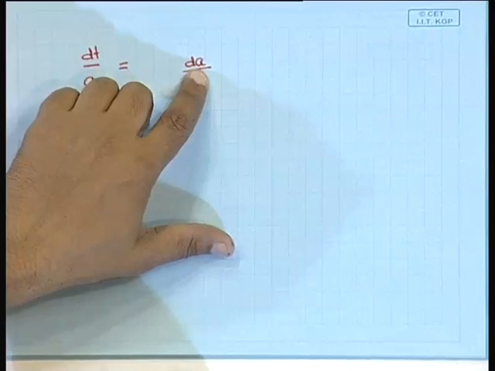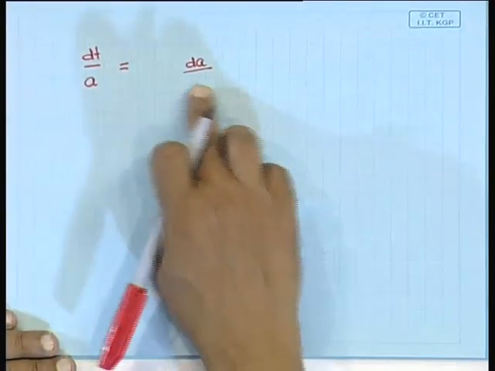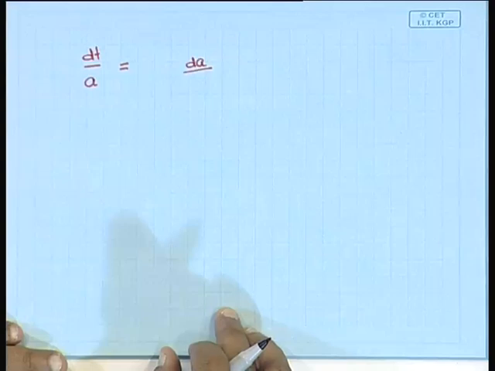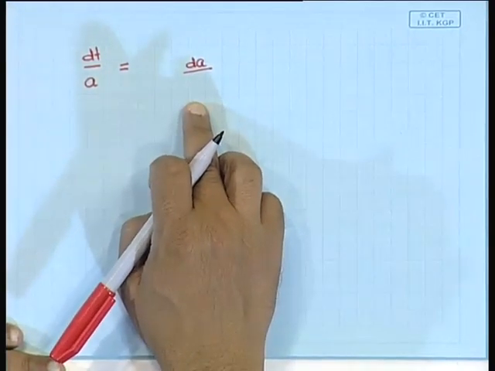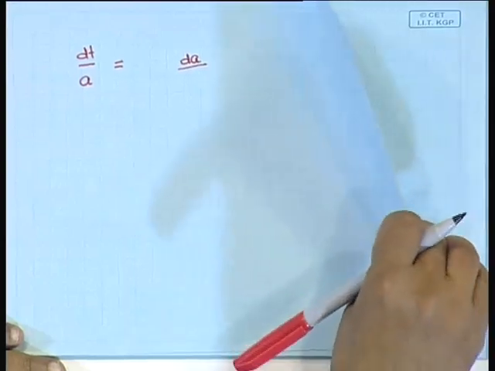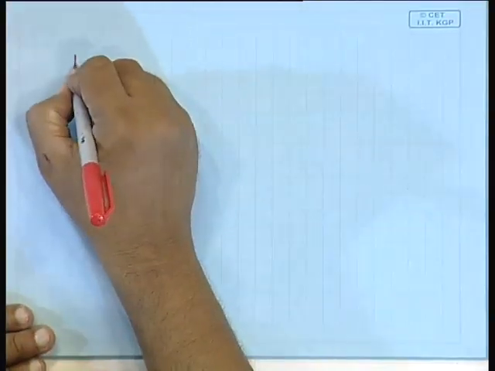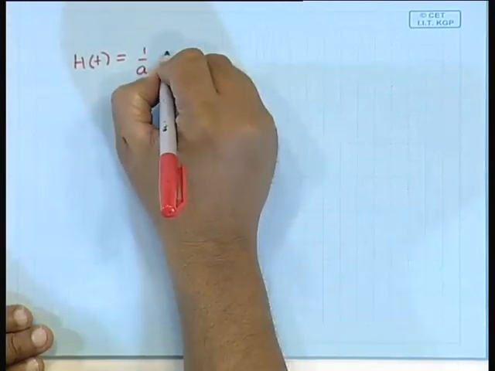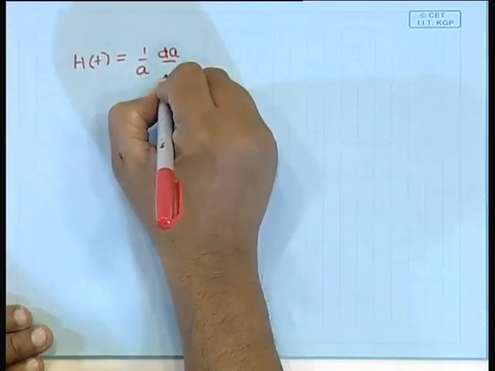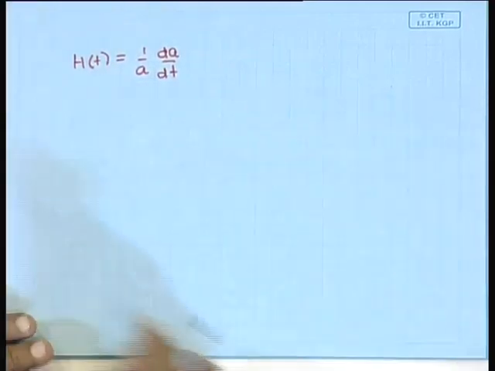A is the scale factor. How would you write this? We know that H(t) is 1 by A dA by dt, we know this.